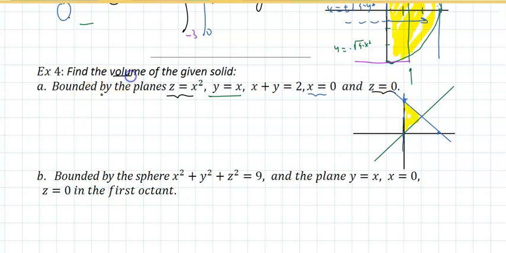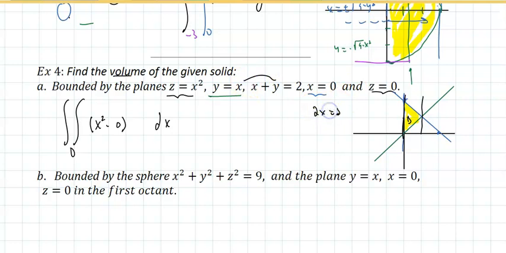So, if I want the volume, the double integral over region D, there's D, of the top minus the bottom. And I'm going to run the x first. X is going to run from 0. Where does y equal x?